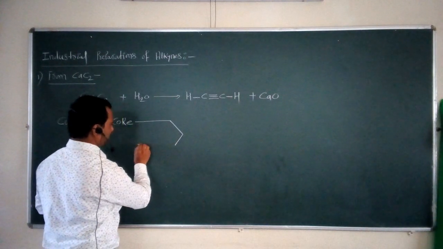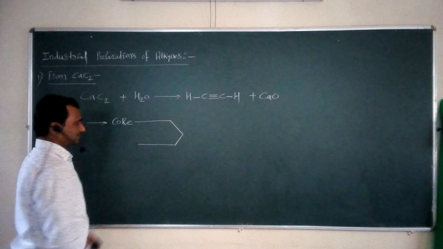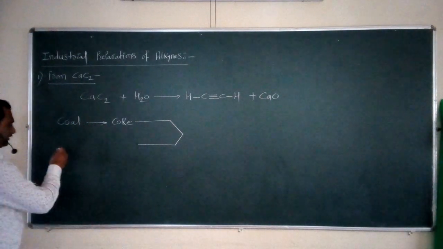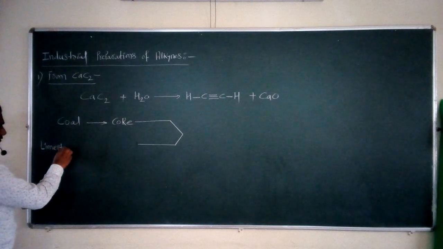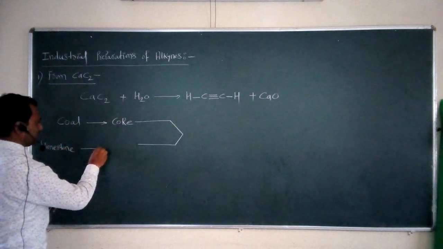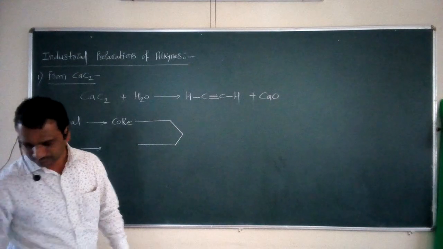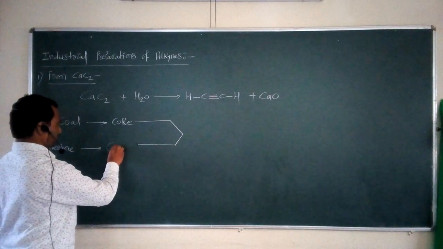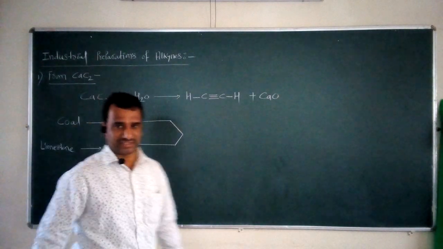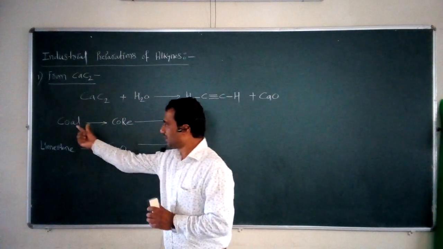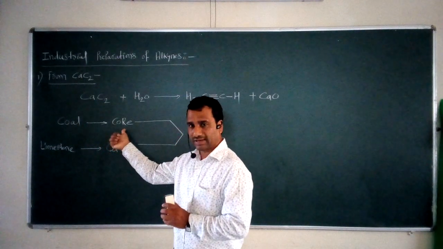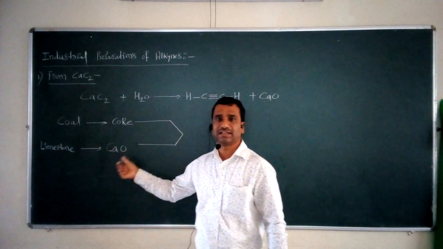On the other hand, we have to take the second molecule, that is limestone. From this limestone, we get calcium oxide. So we have two different reactant molecules. From coal, we can form coke, and from limestone, we get calcium oxide.